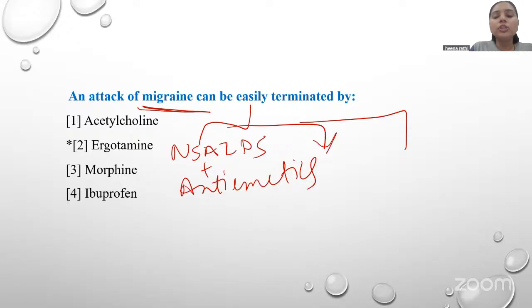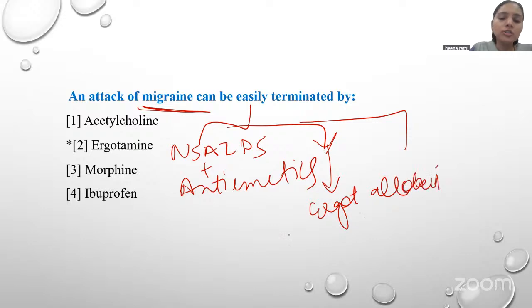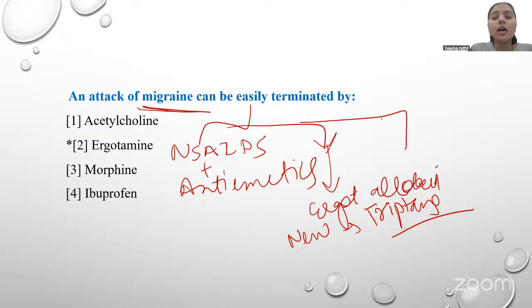For termination of the attack, the most common first choice drugs are ergotamine, ergot alkaloids, and the newer drug formed for this, triptans. Triptans can be given. They are used for the treatment, for termination of the attack.